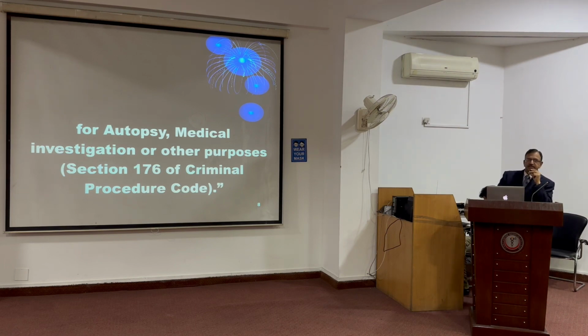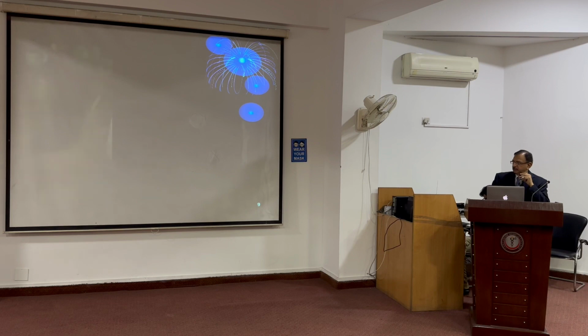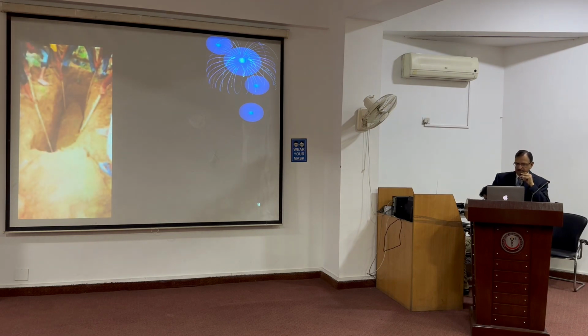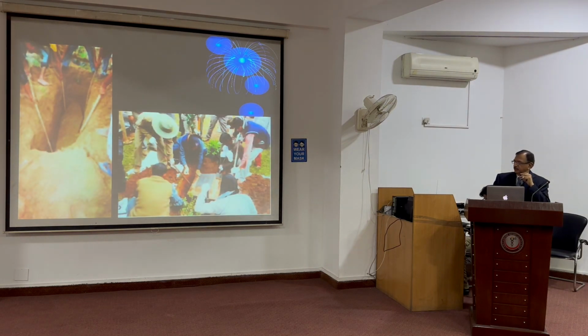And this section 176 also empowers further investigation in fresh cases, but it empowers the district magistrate to order the exhumation, disinterment, or digging out of the grave, to find out the objectives which are concerned with the authorities or with the relatives. These are pictures of various digging out processes.